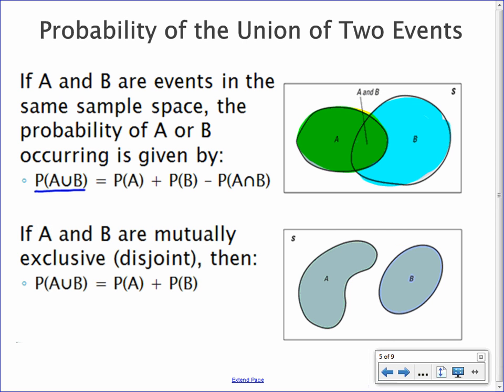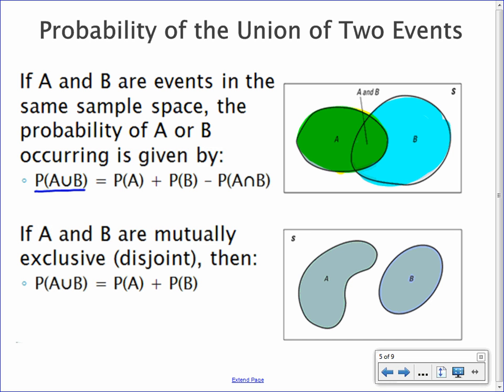So we are going to have to subtract out the intersection. Anytime A and B can happen at the same time, we add the two probabilities together, but then we have to subtract out when they are overlapping. If I'm talking about the probability of a 4 or a heart, they can happen at the same time.